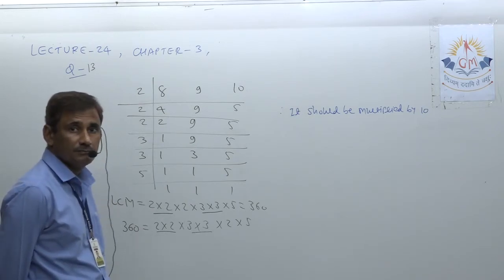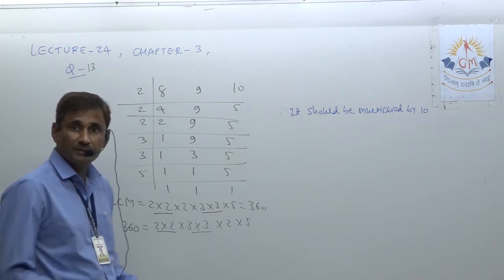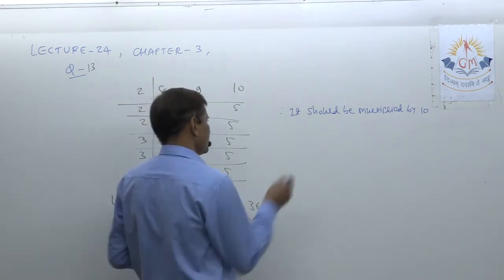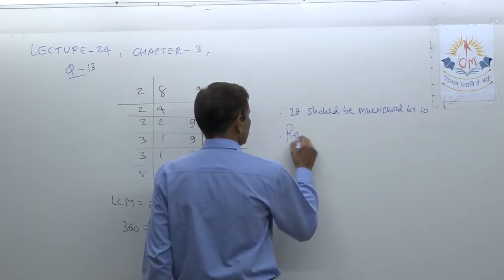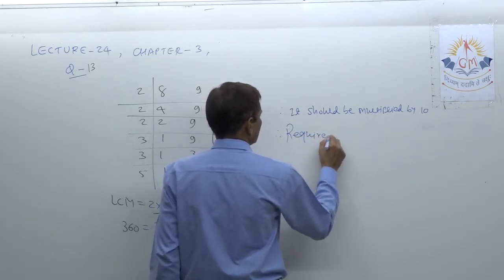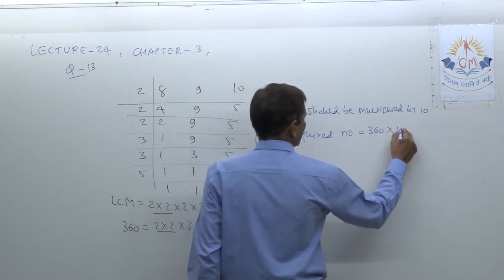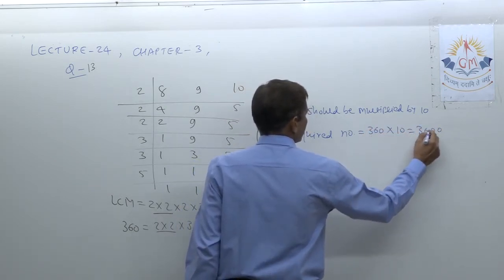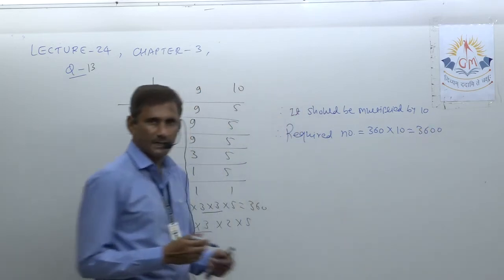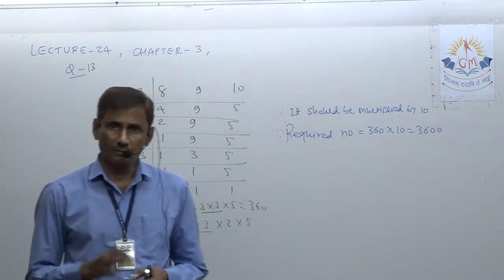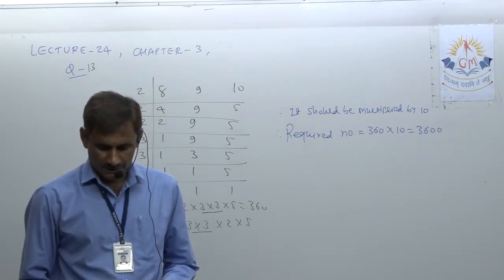After multiplication by 10, which number will be there? Obviously 3600. So the required number is 360 into 10, 3600. Now you can see 00 is there, so it may be, not maybe, now 100% it is a perfect square number.